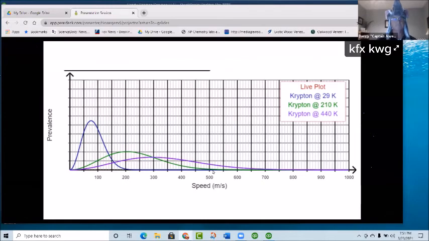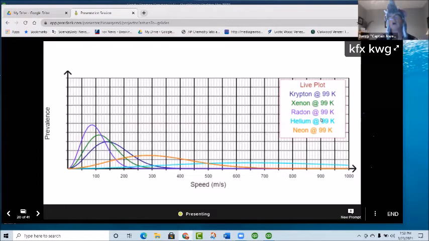So when something warms up, the curve gets squished down and stretched out to the right. When things get colder, the curve gets squished from the right and rises up. So get that in your head. Hotter means faster.